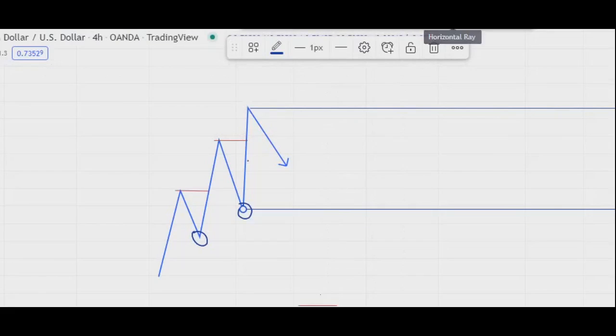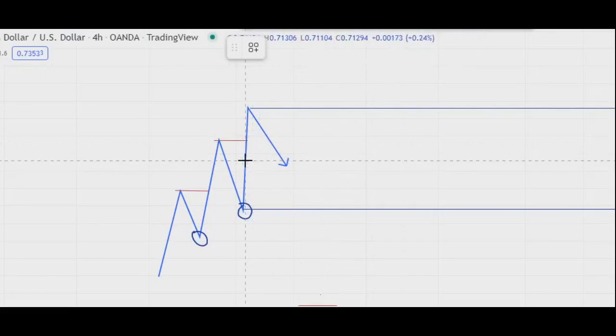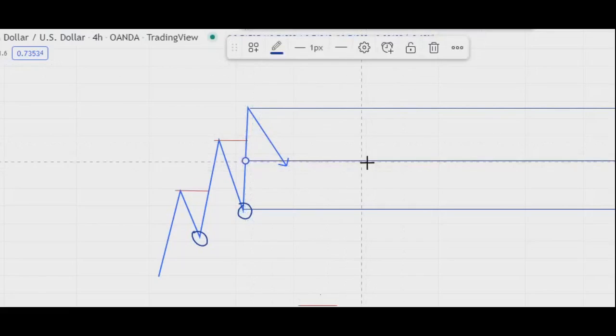Let me just quickly show you an example of what I mean now. Let us assume that this is your 50% fib level. Any OB that meets the conditions of a valid OB. Of course, if you don't understand how to determine a valid OB, you need to check our playlist, go back to our videos and watch them before you come to this one.